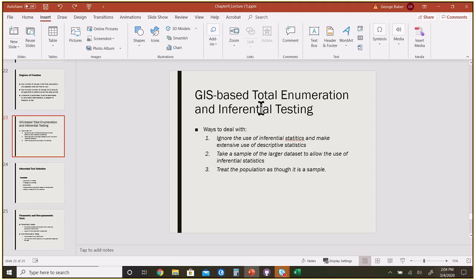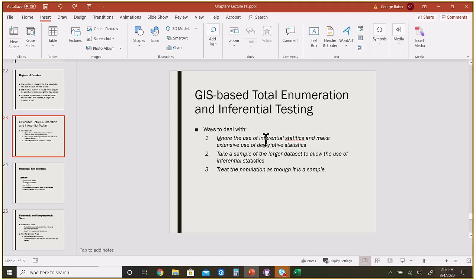In some cases, like with census data, we actually have what some might consider a population. And so some people would say, well, if you already have the population values, then what are you comparing this to? And in those cases, you might not want to even use a hypothesis test, your inferential statistics.